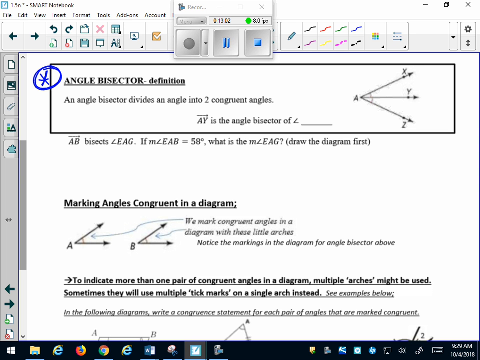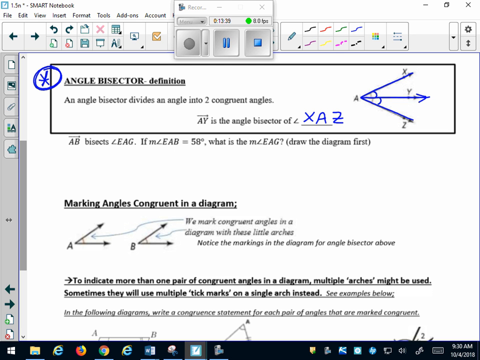An angle bisector divides an angle into two congruent angles. Okay, so in this diagram, ray AY is splitting this angle into two congruent pieces. So it's called the angle bisector. So which angle is it splitting in half? What would you call the name of the angle? Yep. XAZ.